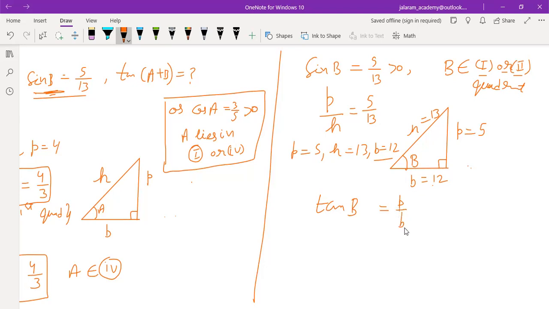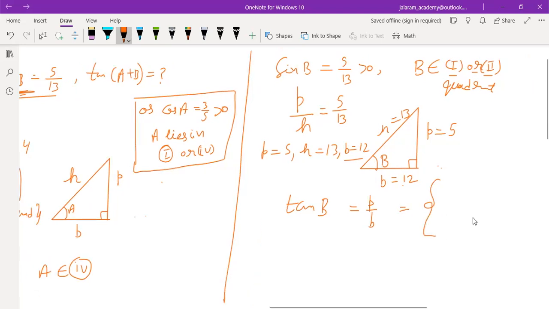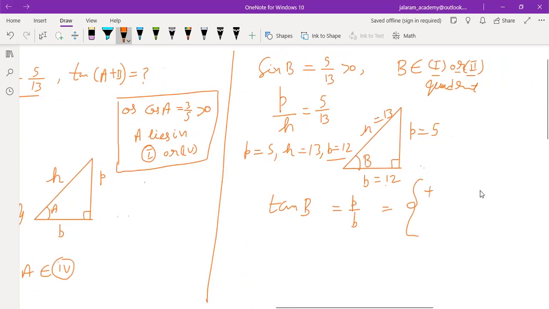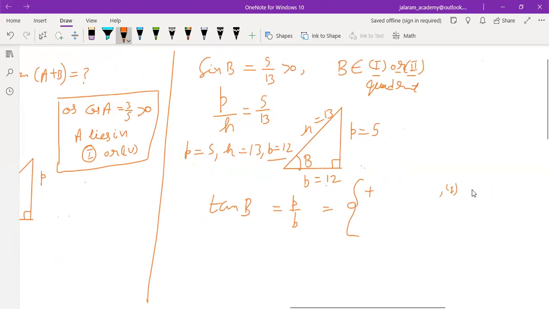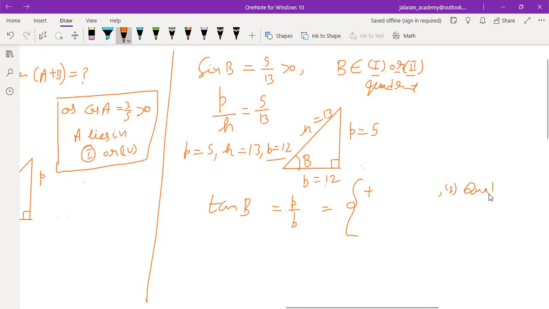If it is lying in the first quadrant, then tan B equals 5/12.